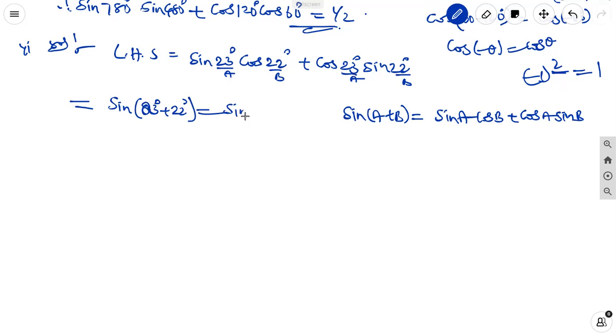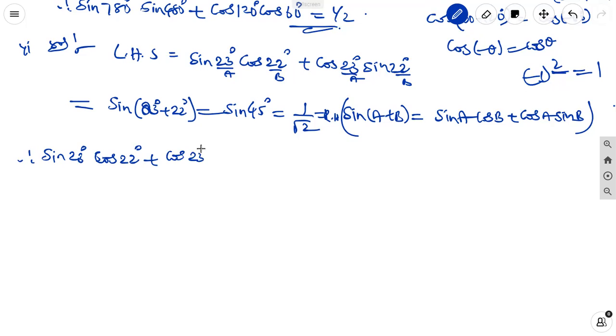It is equal to sine of 45 degrees. Sine 45 degrees value is 1 by root 2. This is RHS. Therefore, sine 23 degrees cos 22 degrees plus cos 23 degrees sine 22 degrees is equal to 1 by root 2. Second solution is over.